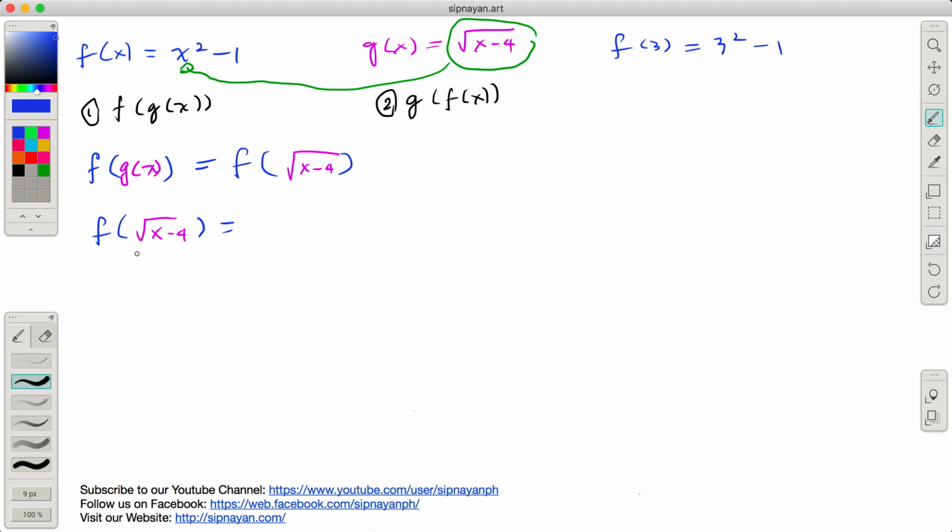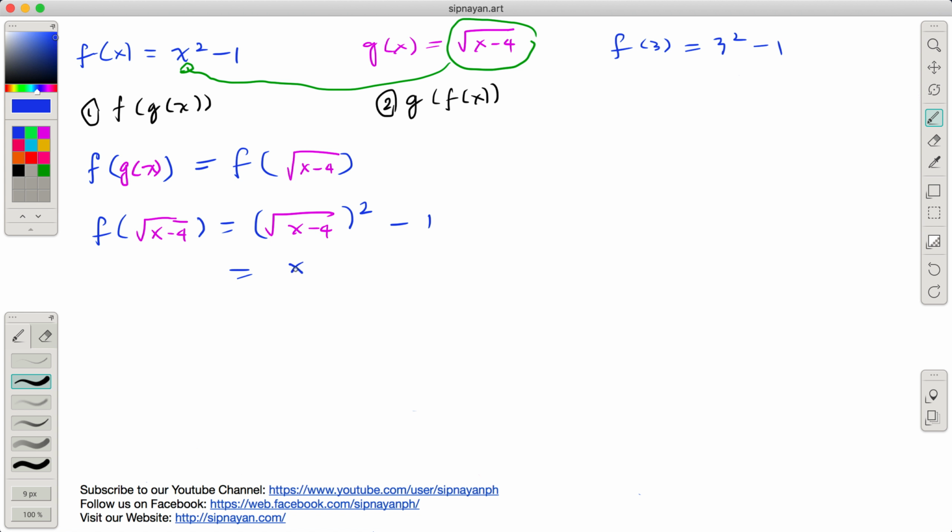Since ito ang nasa loob, yung square root of x minus 4, ibig sabihin yun ang isa-substitute natin dito sa x squared, di ba? So, magiging square root of x minus 4, and then squared, and then we have a minus 1. So, bali, ito na yung x natin. Pag in-square natin yung square root, mawawala na yung radical sign.